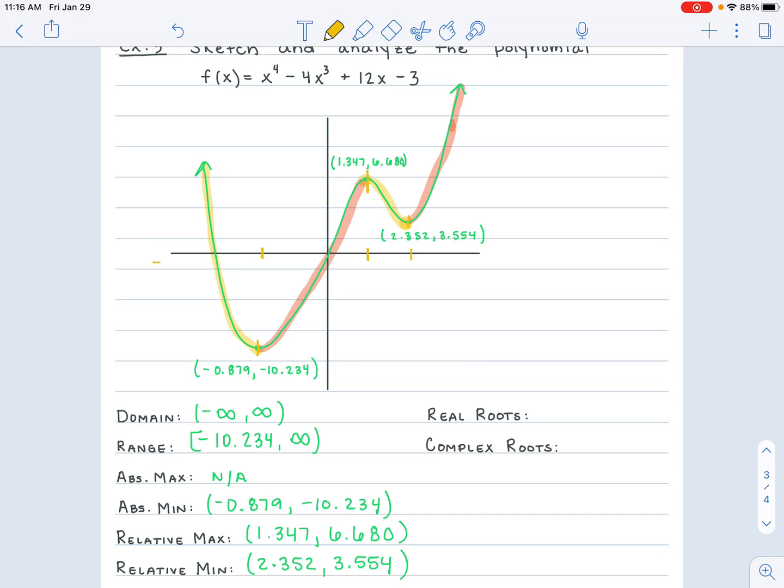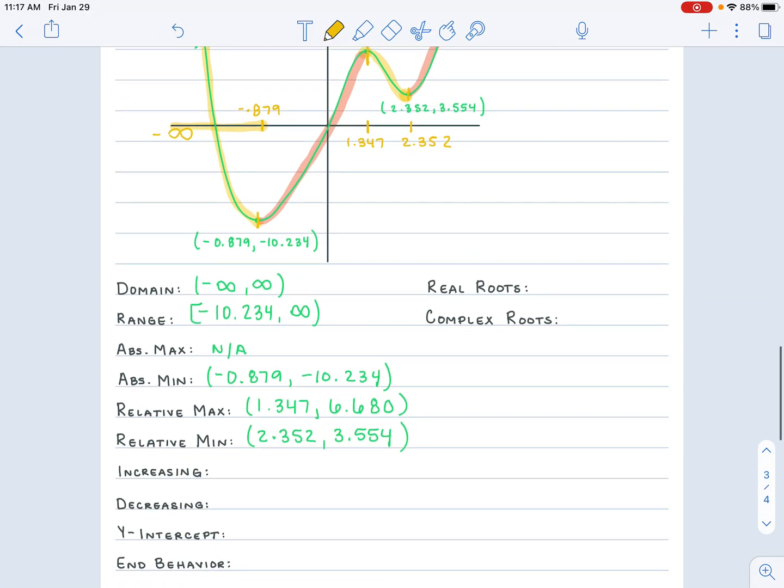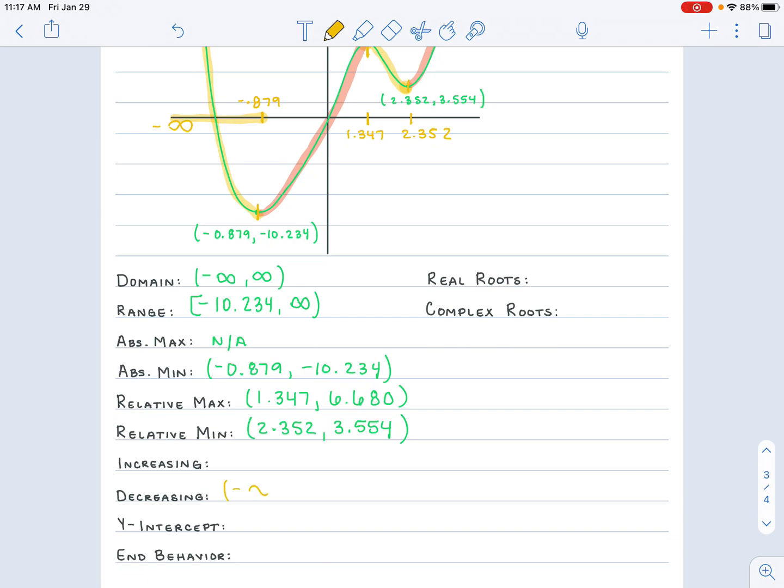Okay, so important point here, important point is there. So my x values that are over here are negative infinity. My x value right here is negative 0.879. My x value here is 1.347. My x value here is 2.352. So from here to here, we said would be decreasing, so that's the yellow area.